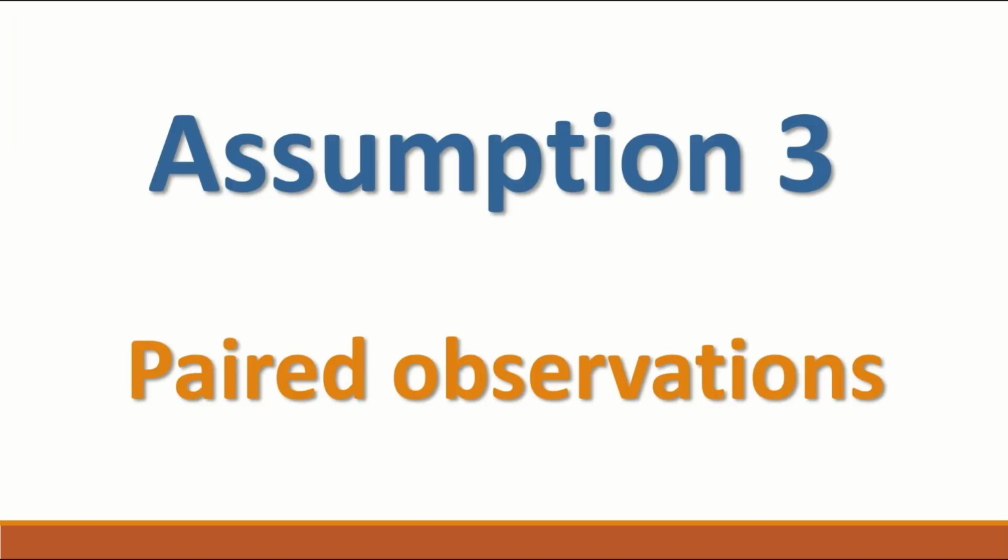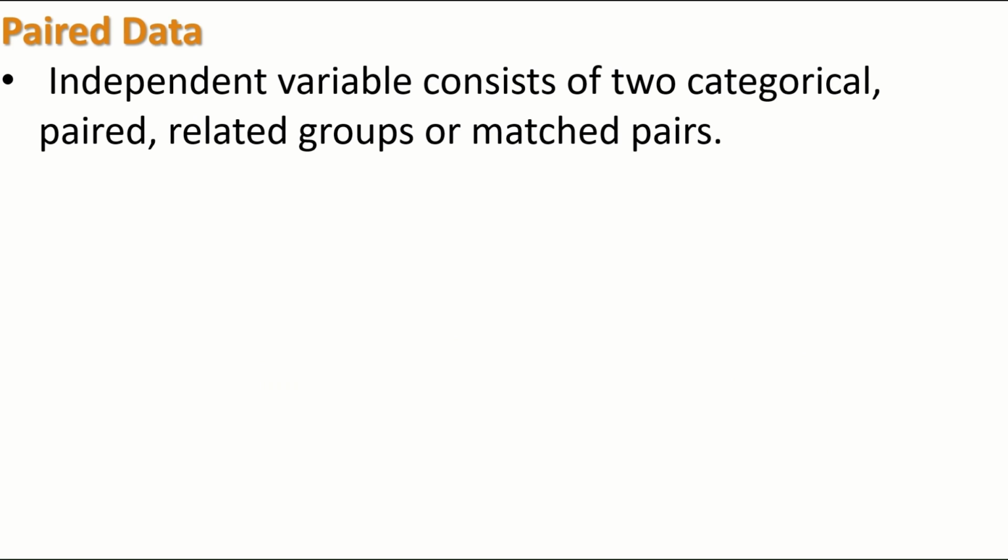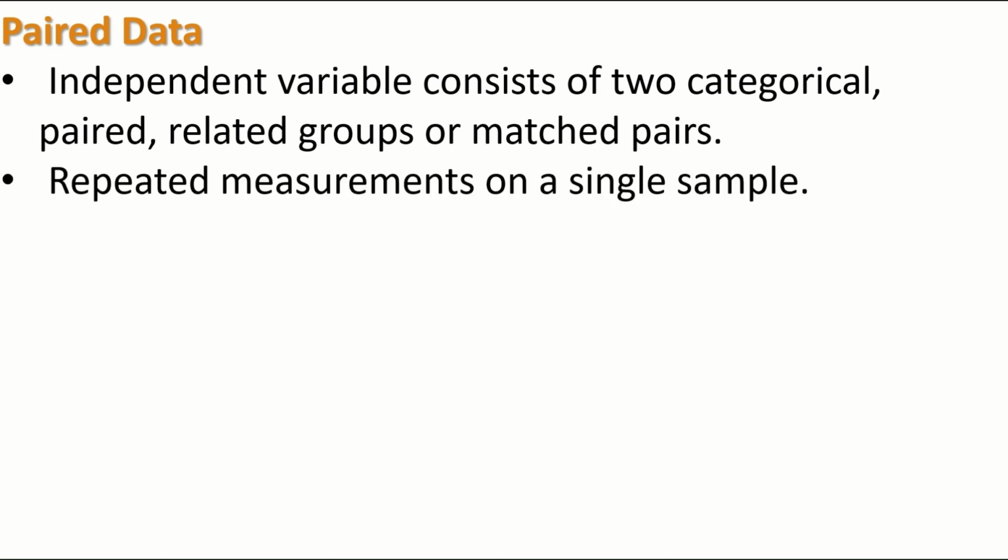The third assumption is that there should be paired observations. The independent variable consists of two categorical, paired related groups or matched pairs. So it has to be two groups that are related, or a repeated measurement on the same sample.